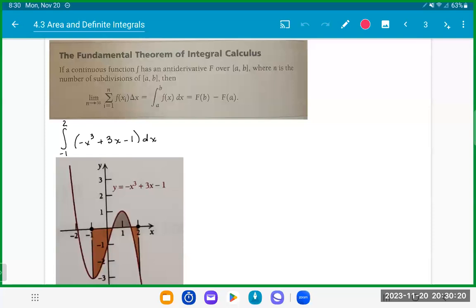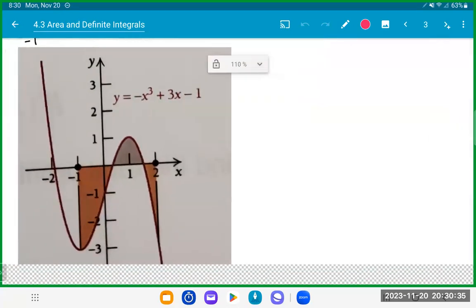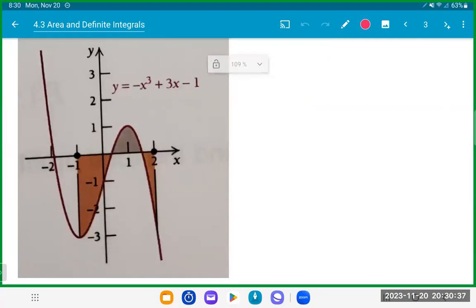We want to predict the sign of the integral by looking at the graph, then evaluate it afterwards and see what that value should be. When we look at this picture of the graph, we can see that there appears to be considerably more area below the graph. We're looking on this interval from -1 to 2.